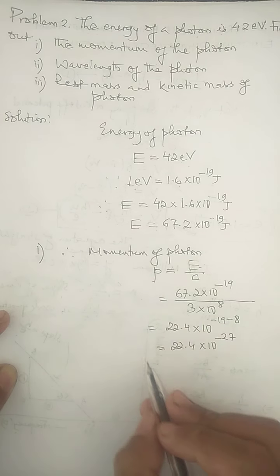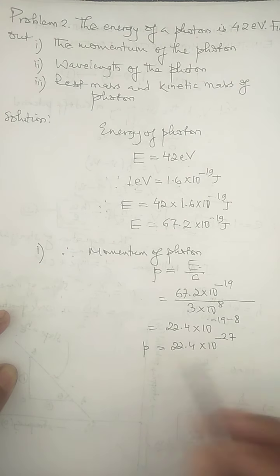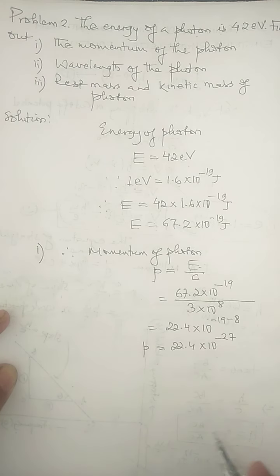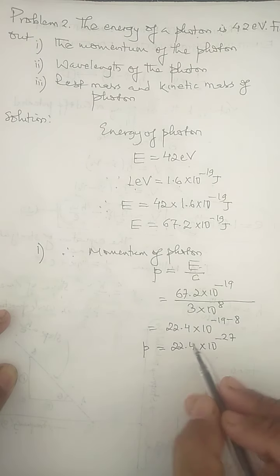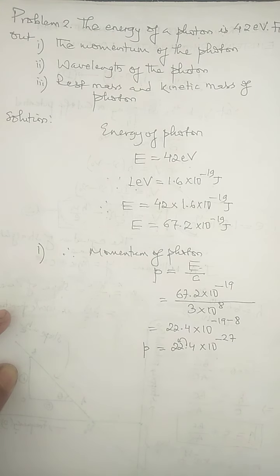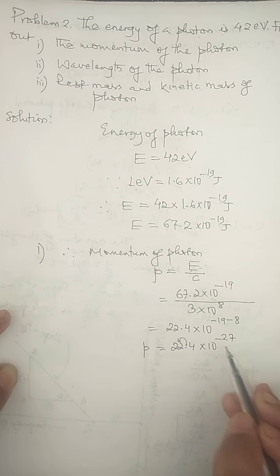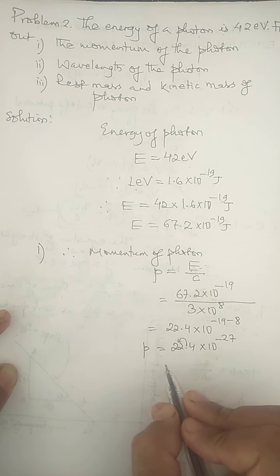But children, this is the momentum we are calculating, and you see it is in two digits, but I write the answer in a single digit. So I shift the decimal one place to the front. If you shift the decimal one place front, when there is a negative power, then the power decreases by 1. This is a simple rule.